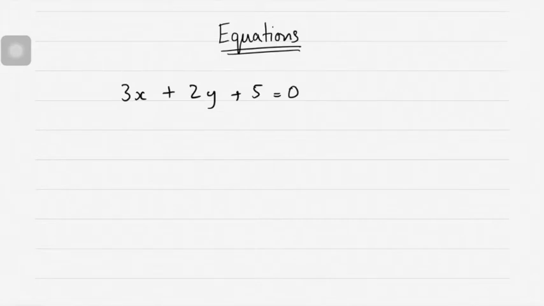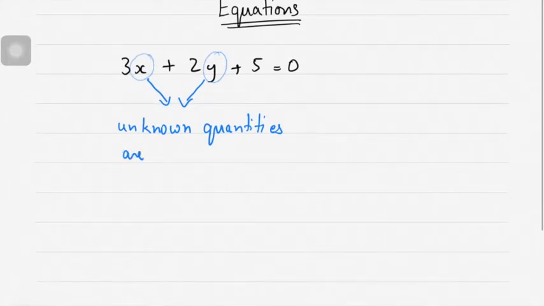Okay, so these variables, these unknown quantities, that is x and y, these unknown quantities are called variables.